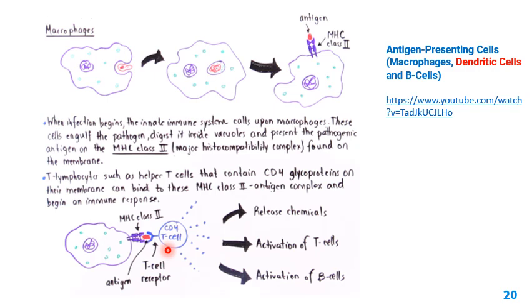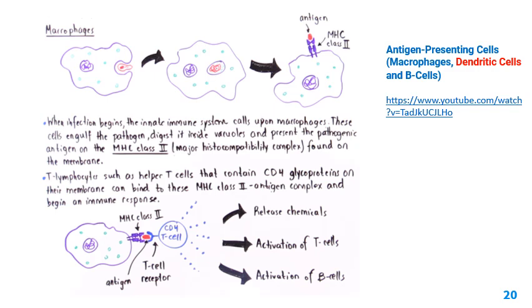What kind of T cell? Helper T cell. Helper T cell has CD4. CD4 is going to interact with MHC class 2. So here is your helper T cell that is going to recognize MHC class 2, and then what's going to happen to the helper T cell? Well, first thing is it's going to help by secreting chemicals like cytokines.